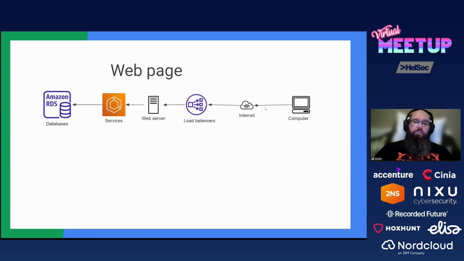The request goes through the internet to the load balancer, which directs the request to a web server. The web server will take a look at the request. Okay, this user wants the front page. Great. So it will ask one service, could you give me this part of the service so that I can send it to the user?